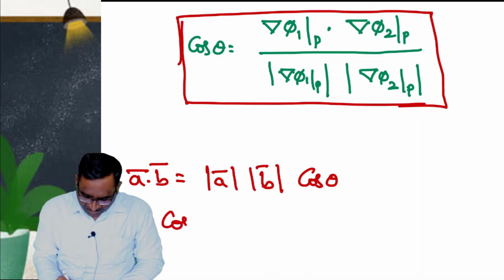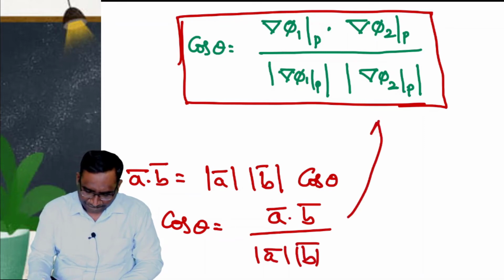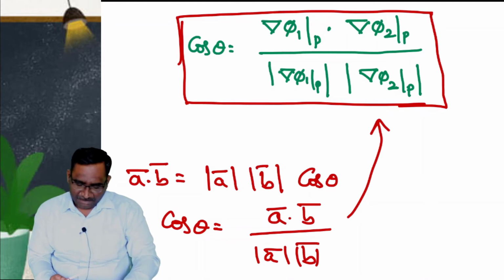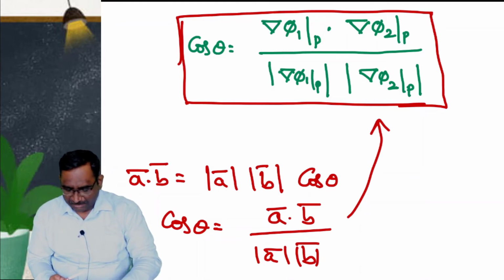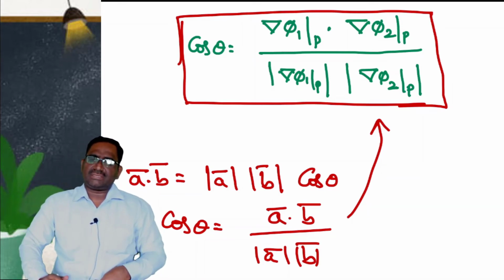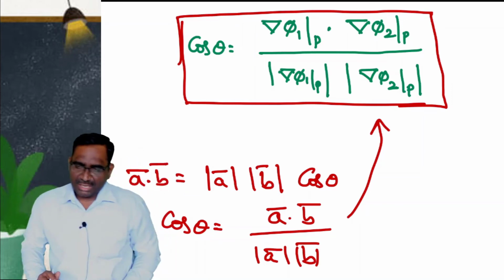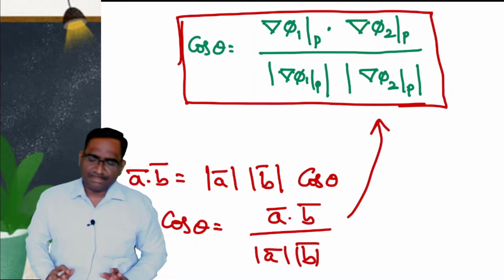So cos theta is equal to A bar dot B bar by modulus of A bar modulus of B bar. In the same way, here A bar is the normal vector del phi 1, B bar is the normal vector del phi 2, and theta is the angle between these two normal vectors. Right. So these are the 5 important definitions.